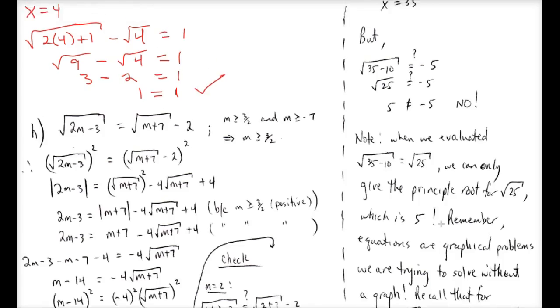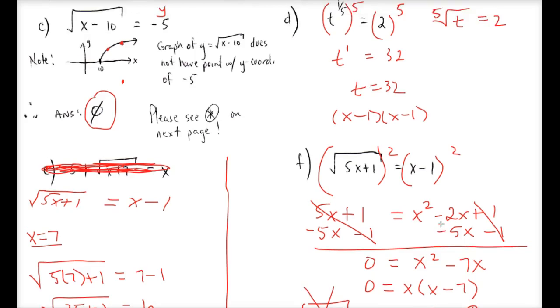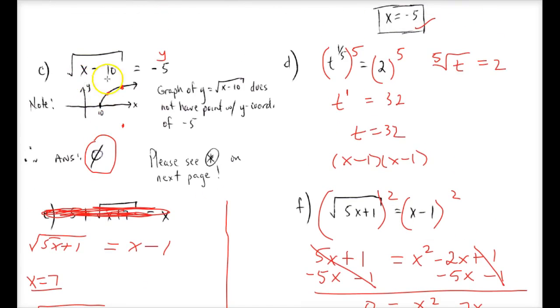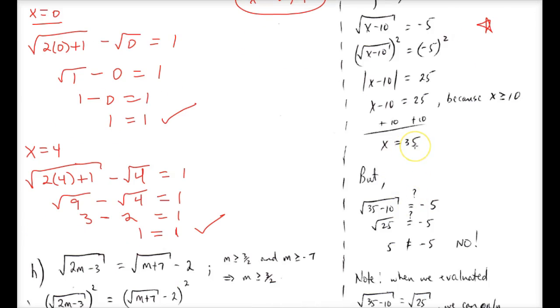Okay, so my point here, and I'll go back to example C so that you could look at that. That was this answer here. I was trying to show you why this actually had no solution. If we could solve for a solution, that solution would look like x is equal to 35.